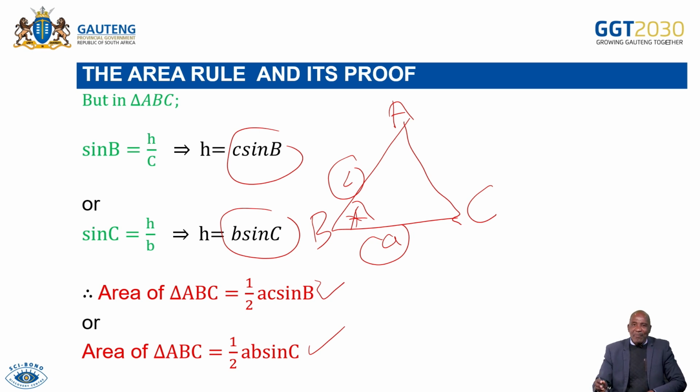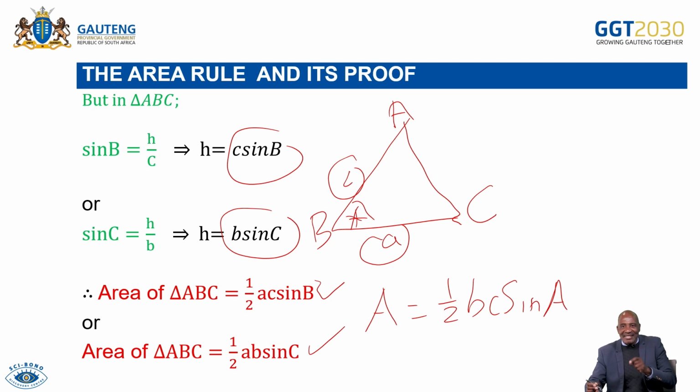Then what would happen if you use the angle A? It's going to be area equals half BC times sine of A. So when the sides are B and C, the angle is A. When the sides are A and C, the angle is B. When the sides involved are A and B, the angle is C, like I've demonstrated on that diagram.